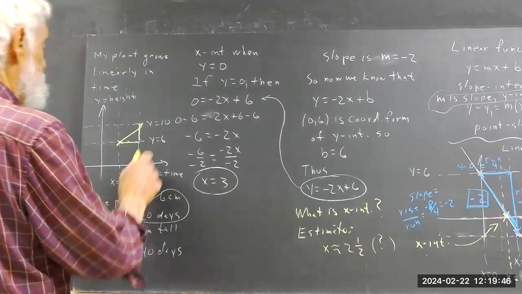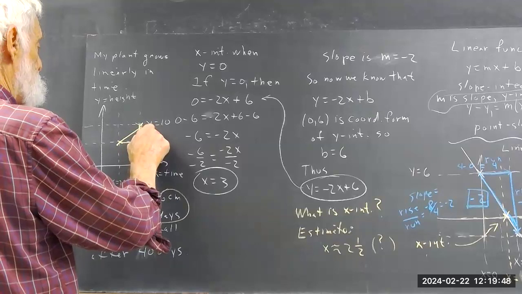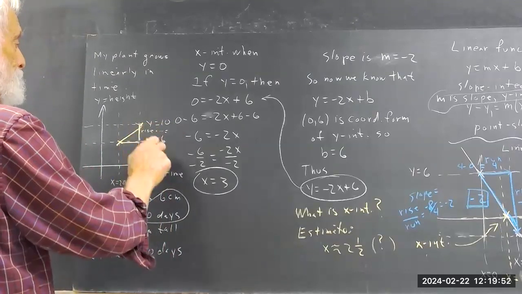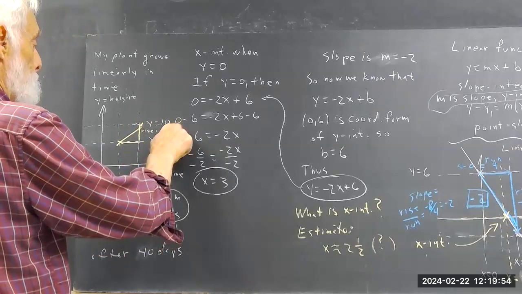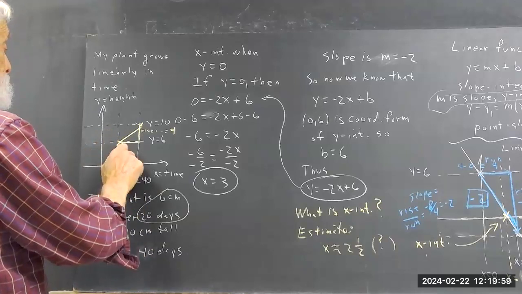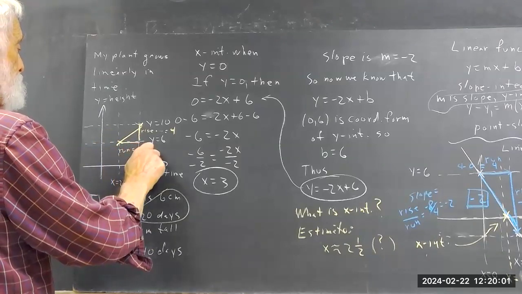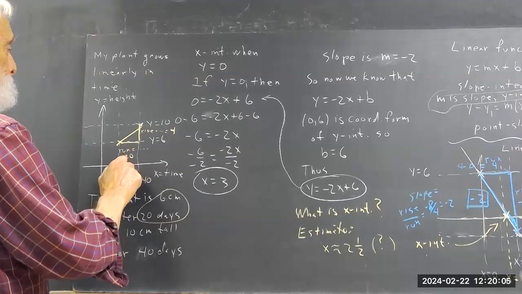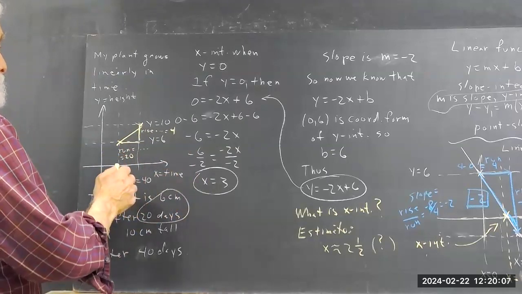Okay. The rise is what? 4. Meaning 4 centimeters. A run. And we put the arithmetic there, but we get 20, meaning 20 days.